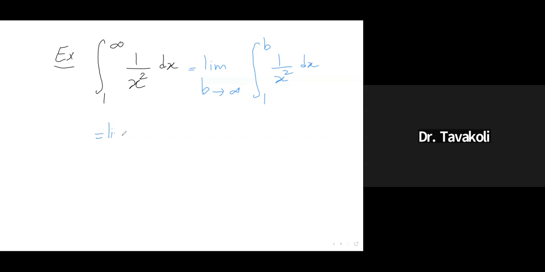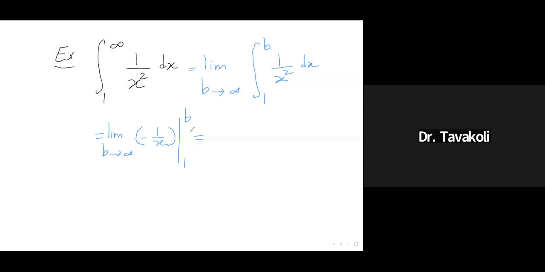So for now, the antiderivative of 1 over x squared, as you know, is minus 1 over x. This is something that you have seen even in Calc 1. And this should be evaluated at the limits of the integral.